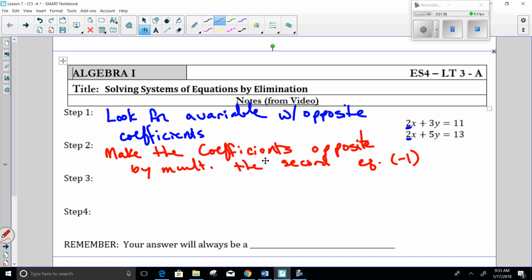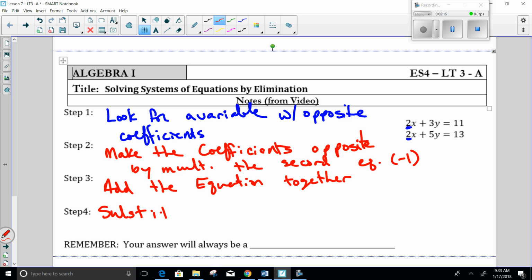The third step is then to add the equations together. And then the fourth step is to substitute into one of the original equations.